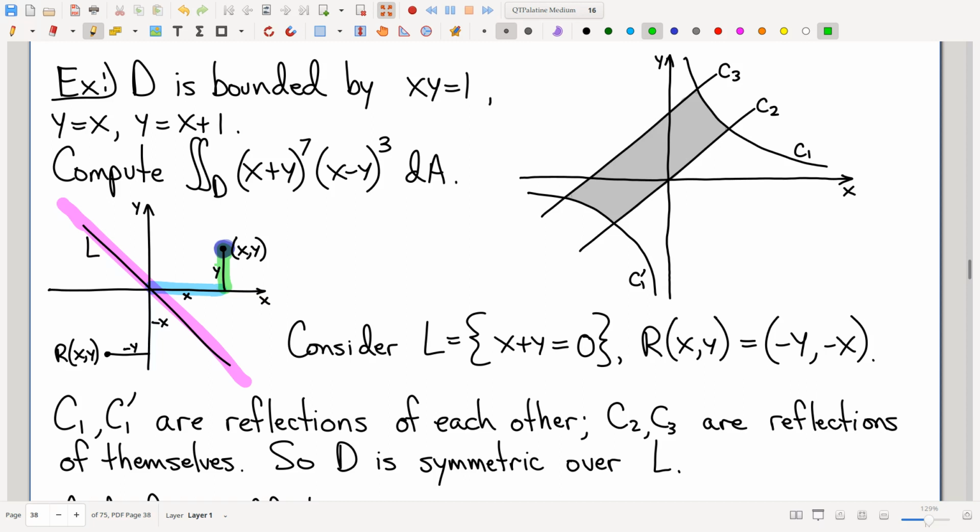And if you think about the rectangular frame, what's very convenient is rectangular frames, when you reflect over a 45-degree line, rectangular remains rectangular. That horizontal blue line segment becomes a vertical line segment. And that vertical green line segment is going to become a horizontal line segment.